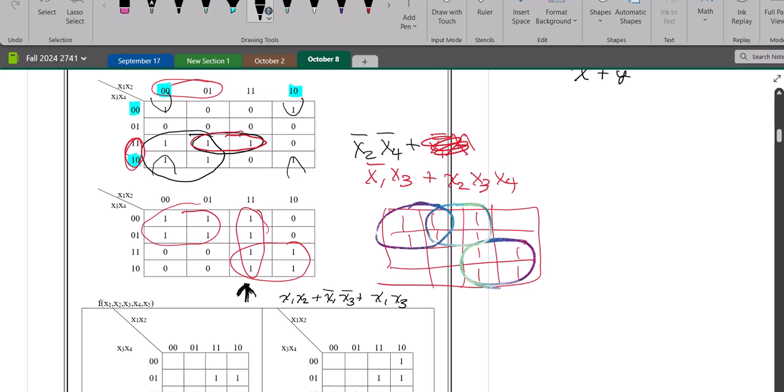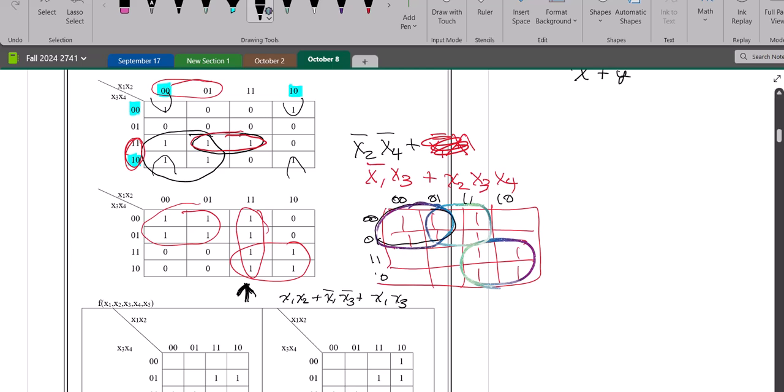Now if I were to do it this way over here, this circle is the same.